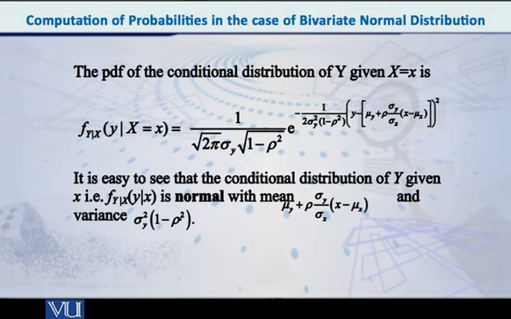It is sigma y into square root of 1 minus rho square. And what is mu tilde y? It is mu y plus rho into sigma y over sigma x multiplied by x minus mu x.